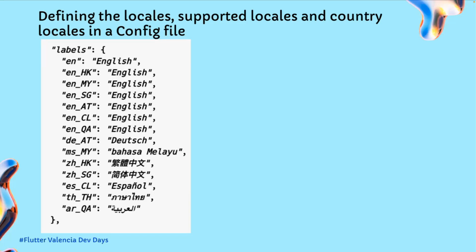And the label is the name of the language that we see in the settings or in the UI of the app. This one, English, represents the global fallback language that we have in our app. And for example, this one, EN_HK, would be English for the region of Hong Kong.